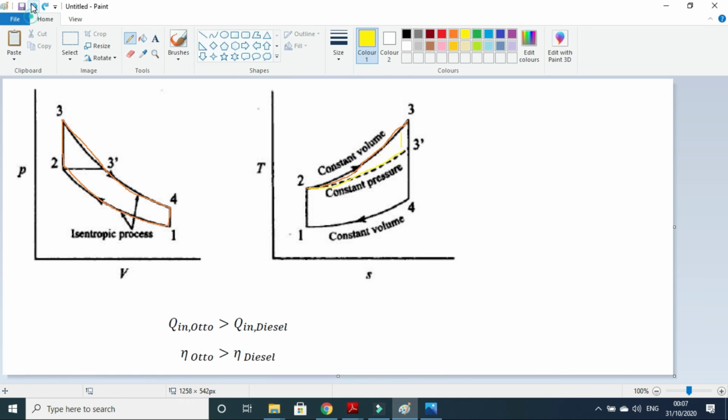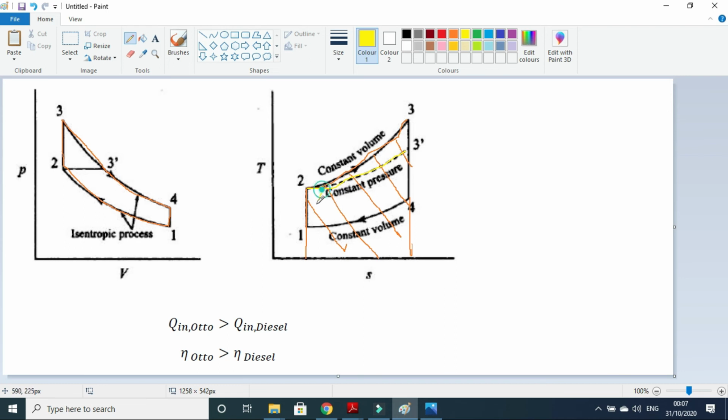Look, this is the Q in process curve of the Otto cycle, so the area under this curve will be this. And the process curve for the constant pressure heat addition, that is the diesel cycle, will be this.